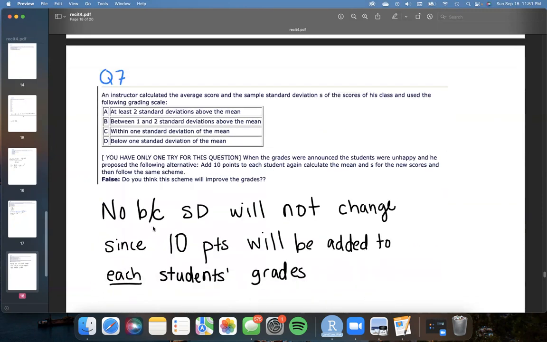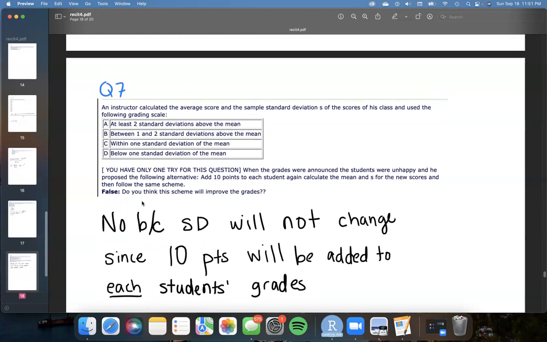No, the scheme won't improve the grades because the standard deviation will not change. Notice that the key word is each. Since 10 points will be added to each of the students' grades, and the grades are all determined based off of standard deviation, the grades won't improve at all.